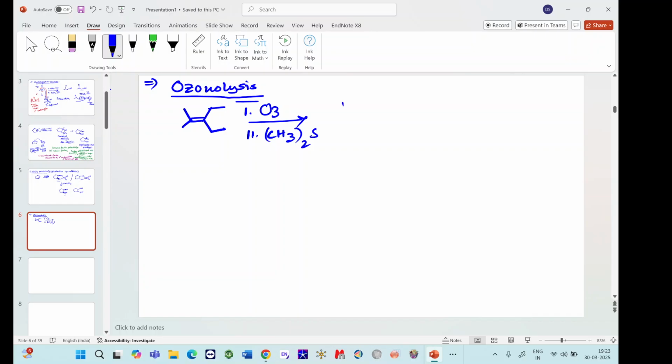So what will it form? It will break the double bond and it will form two carbonyl compounds. In this case, two ketones. And what is the intermediate? So the intermediate, you can draw it like this.